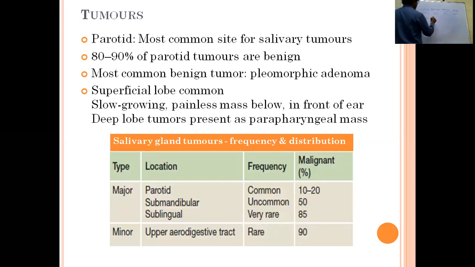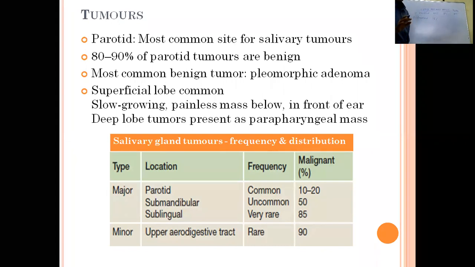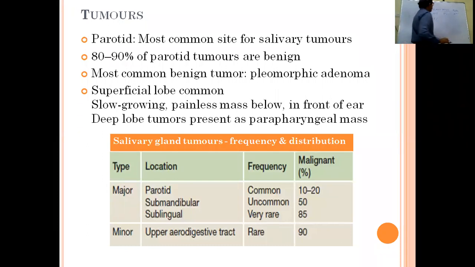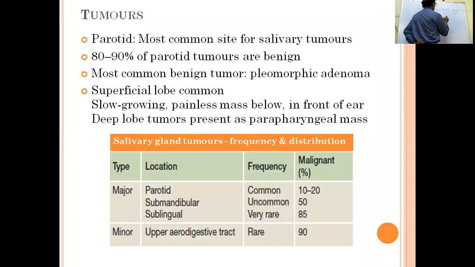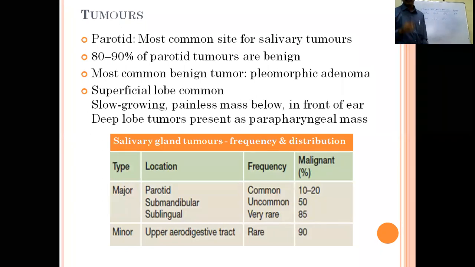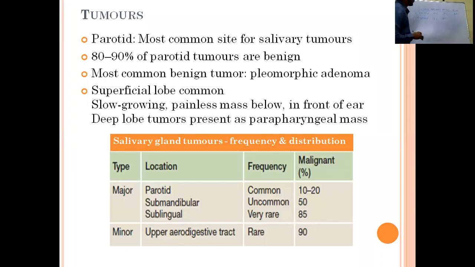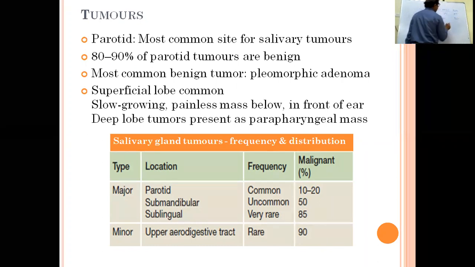Not very common here. Only 15% of salivary gland tumors are seen in the submandibular gland. Benign tumors are only 50%. The rest of the 50% are malignant. Of the benign ones, 90% are pleomorphic adenoma.